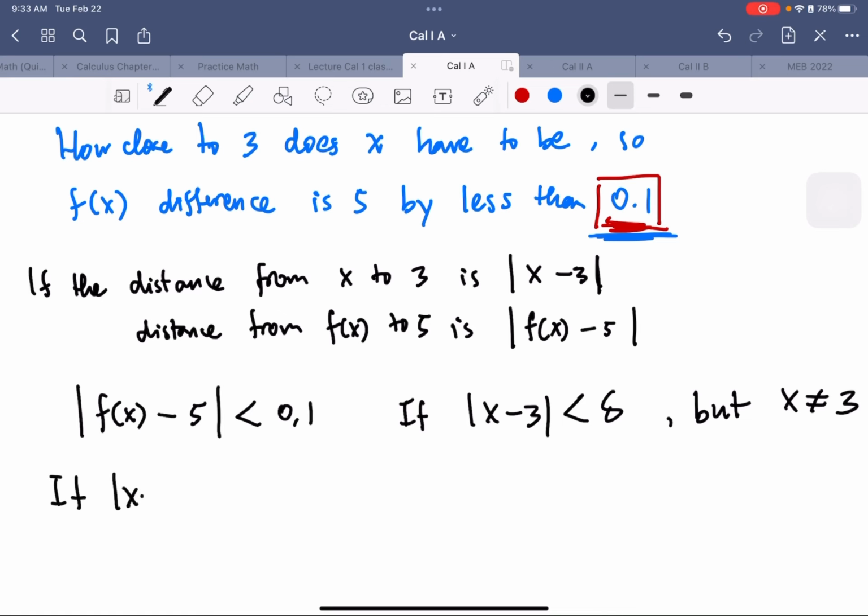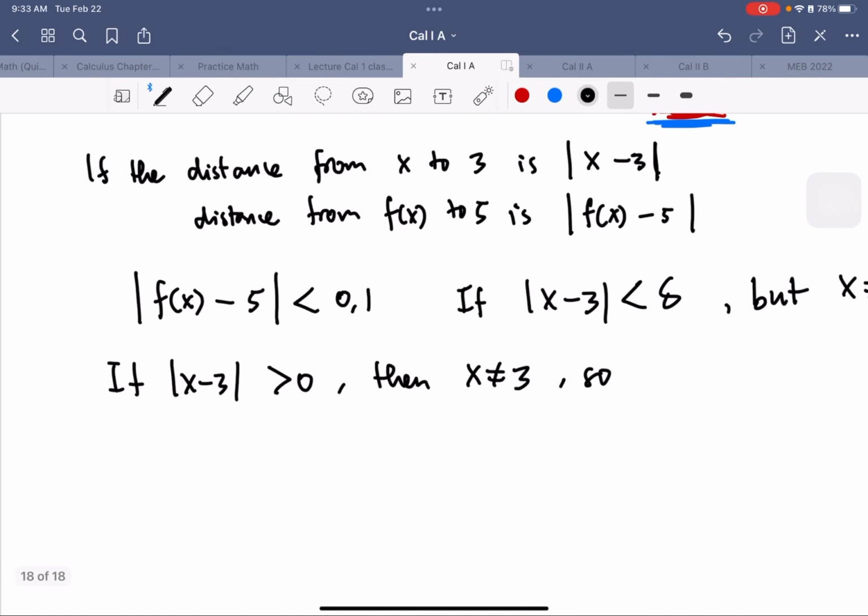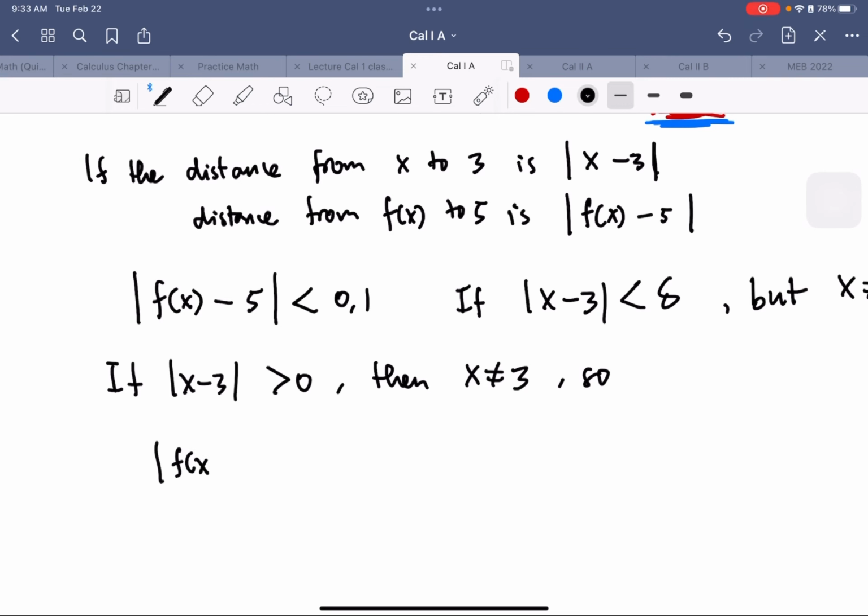If the distance is a positive value, then x is not equal to 3. So we can also write this as being between 0 and delta. So we ensure that delta is a positive value as well.